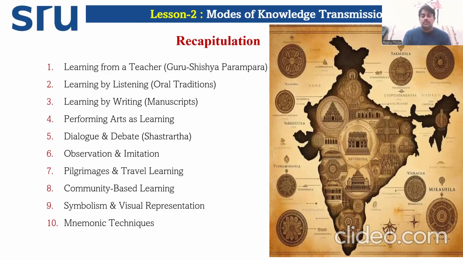Community-based learning, that is another mode of knowledge transmission. For example, in villages during that time, the elders and leaders, especially at the time of special occasions or festivals, gathered groups of students and the public and taught them what our culture is and how to do the rituals.